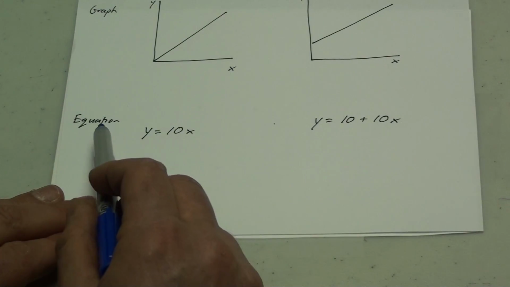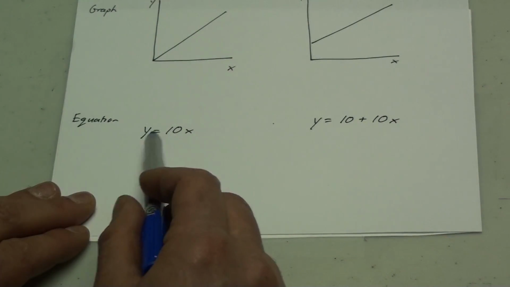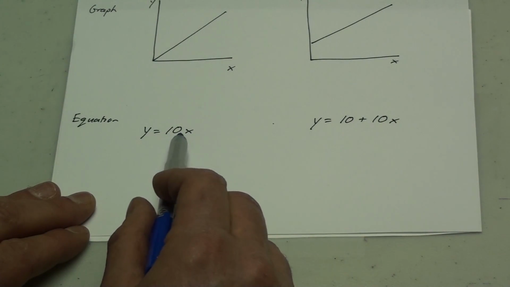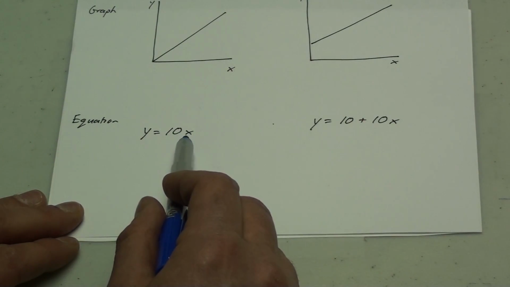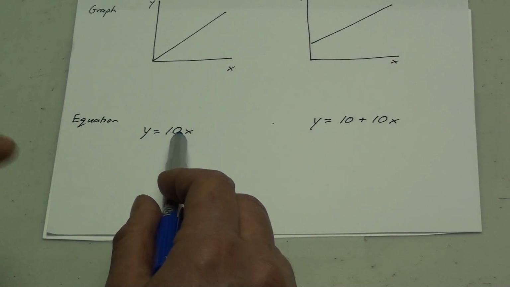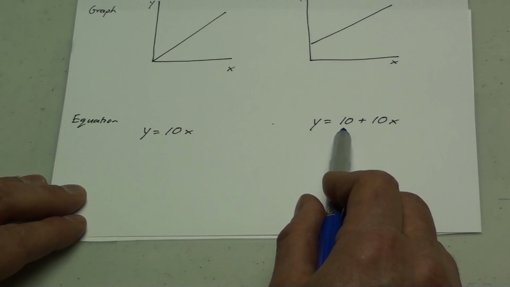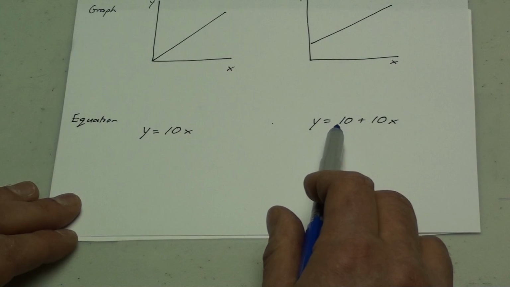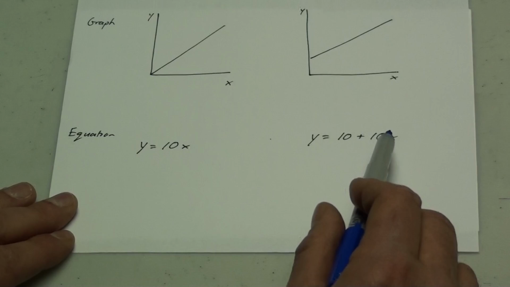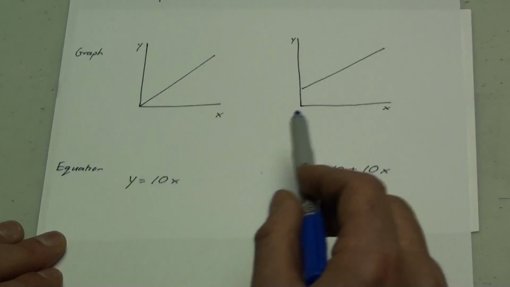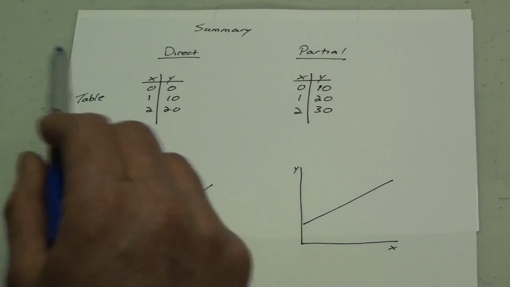As an equation, direct variation is just y equals your constant of variation times your independent variable. For partial variation, you have another constant put in there, your starting point, how much you're starting at, and then you have how much it changes by. Okay? So you have partial variation and direct variation.